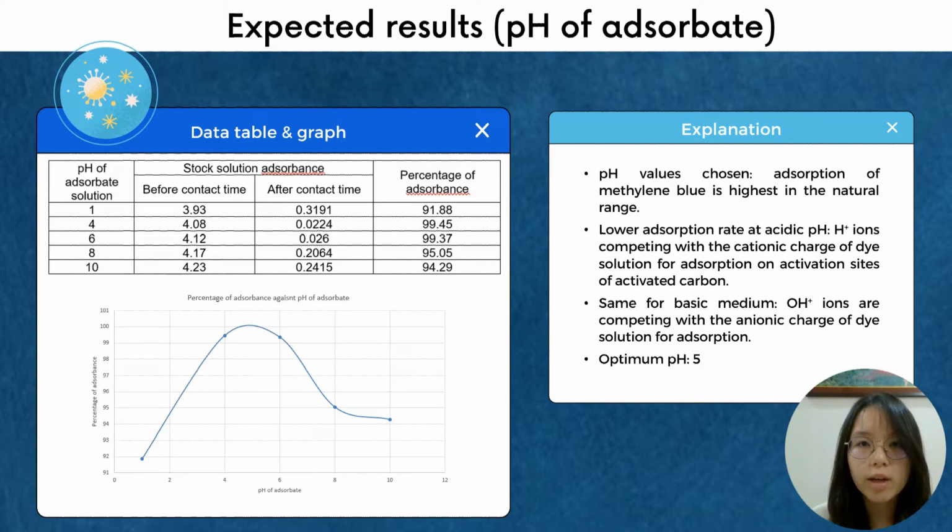Lower absorption rate of methylene blue at acidic pH can be due to hydrogen ions competing with the cationic charge of dye solution for absorption on active sites of activated carbons. This goes the same for basic medium where hydroxide ions are competing with the anionic charge of dye solution for absorption. The optimum pH is expected to be 5.